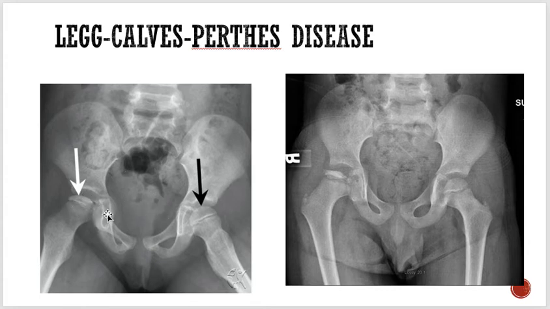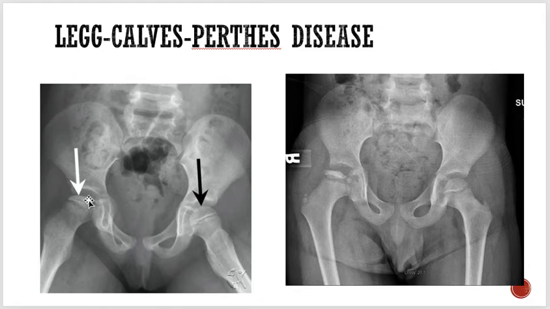For example, if you say, okay, it is transient synovitis or irritable hip, right? It could be unilateral. Sometimes it could be bilateral. Okay. So remember, whenever you are labeling anyone with this condition, always go for an X-ray. Always check the femoral head. If you find the femoral head is irregular or fragmented, think about this condition.